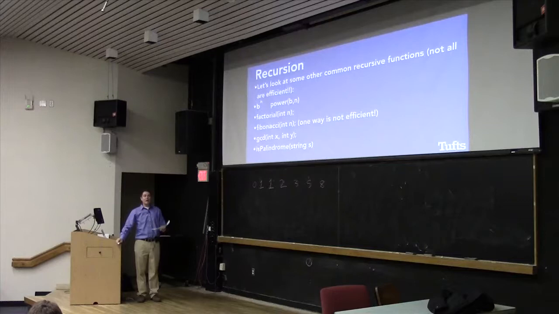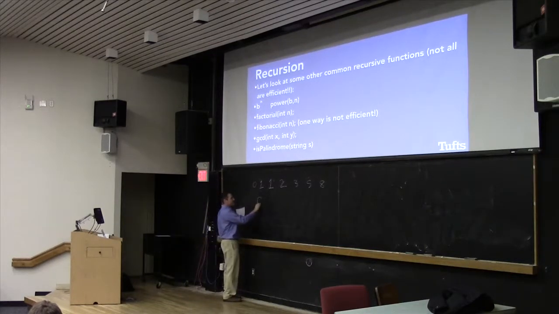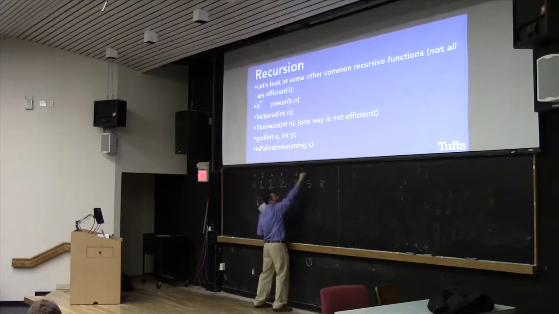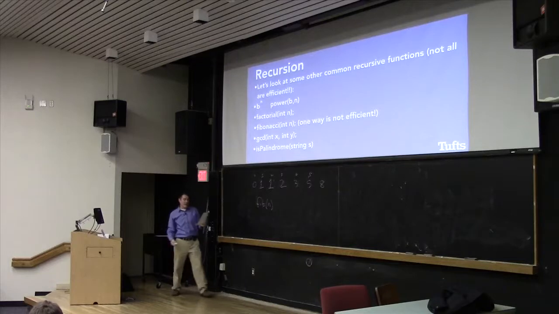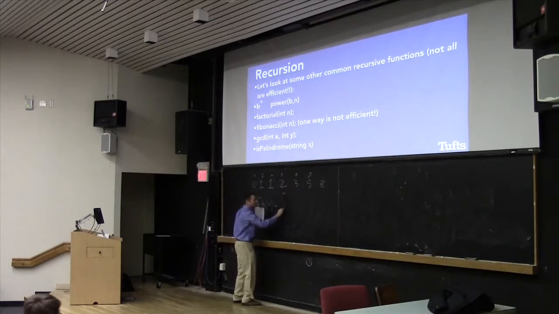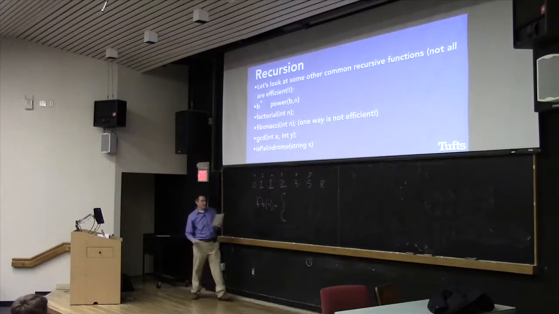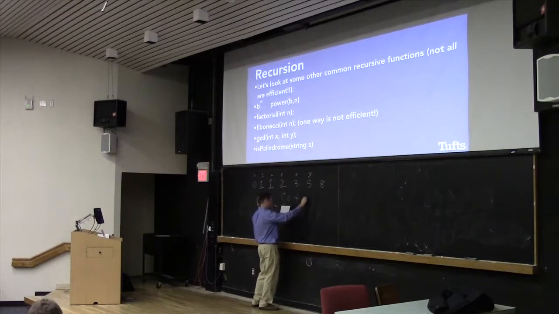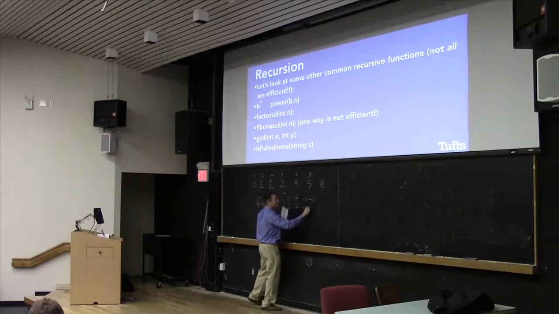Okay? And we can write that in kind of a mathy way like we did before. We can say that the Fibonacci number n, and this is 0, 1, 2, 3, 4, and 5, and 6, right? Fibonacci number of n equals the following. 0 if n equals 0. 1 if n equals 1.